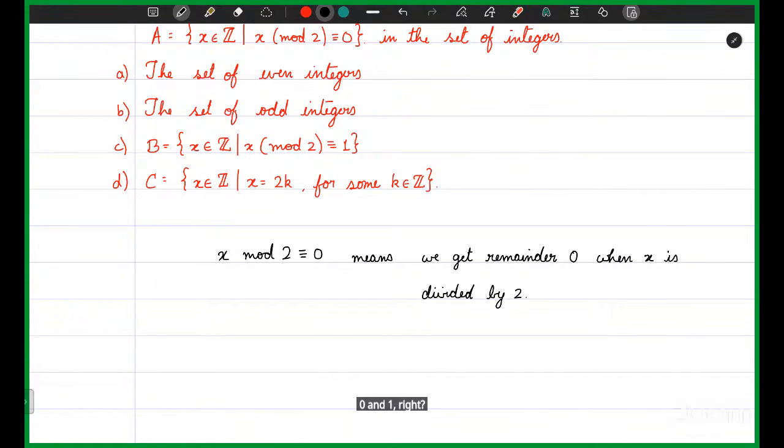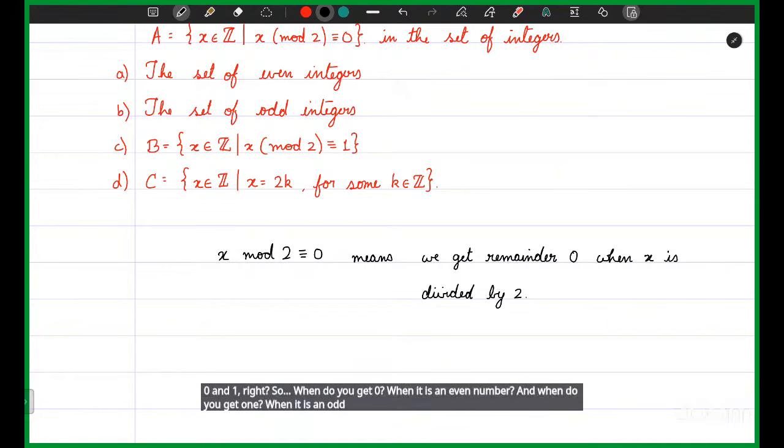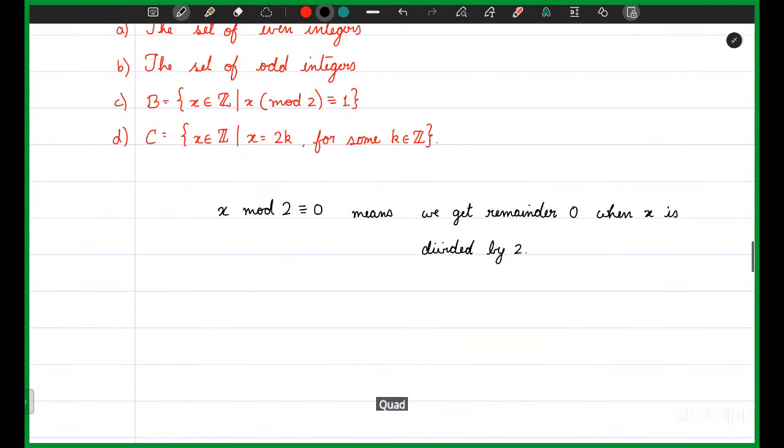So when do you get 0? When it is an even number. And when do you get 1? When it is an odd number. So A is actually the set of even integers.